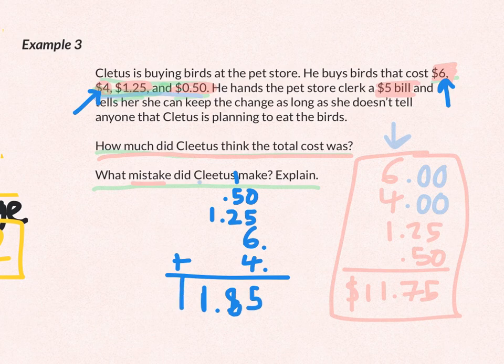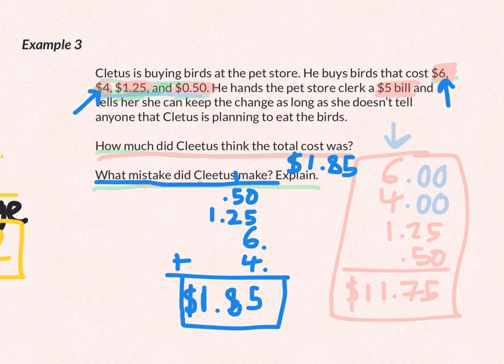And if he thought it was $1.85, then he could have given her the $5 bill and told her to keep the change, right? So I'm going to say that he thought the total cost was $1.85. And if I had to explain what mistake that he made, I would say that he didn't line up the decimal places.